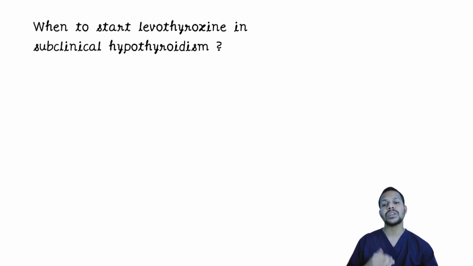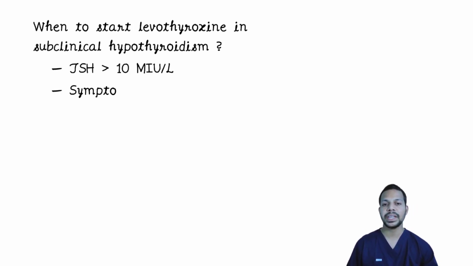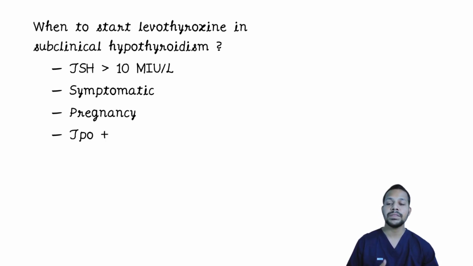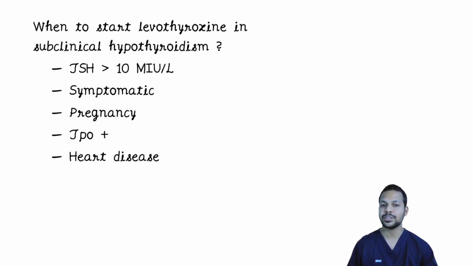The conditions where you start levothyroxine even if the patient has subclinical hypothyroidism are when the TSH is more than 10, or if the patient is symptomatic, or if the patient is a pregnant female, or if the TPO antibodies are positive, or if the patient is having heart disease. In all these conditions, we start thyroxine at a lower dose of 25 to 50 micrograms per day.